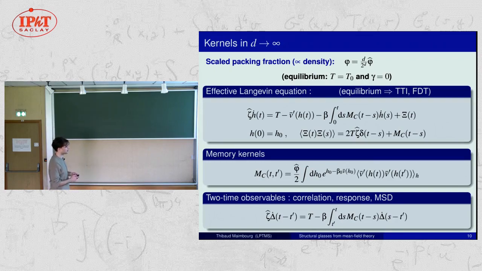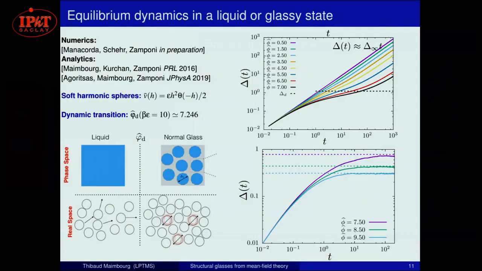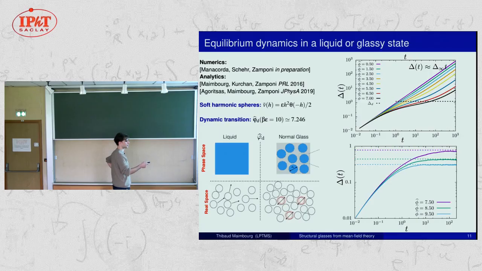This hasn't been done. All the analytic work we have done was to put this kind of ansatz and describe the almost equilibrium behavior, or focus close to this transition where you have a plateau, so you can get, for example, the exponents of how you reach the plateau, and compare with the most standard theory, called mode coupling theory, which is a different approximation for this kind of system.